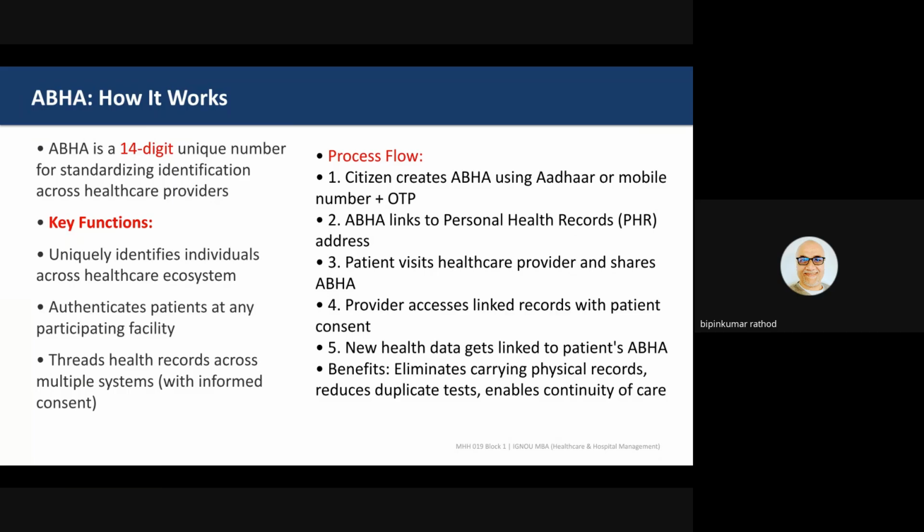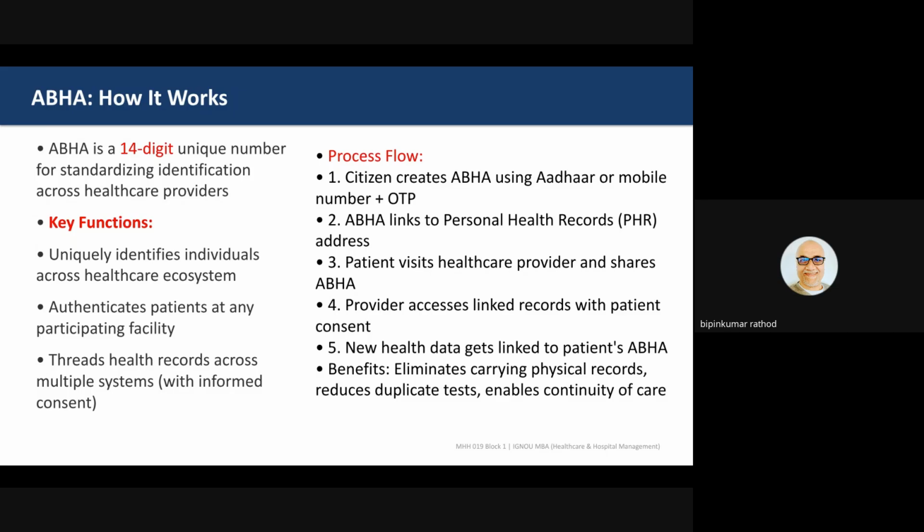On the right side of the slide, you will see the process flow of the ABHA ID. Let me give you an example. You go to any trust hospital, any corporate hospital, or any government facility.